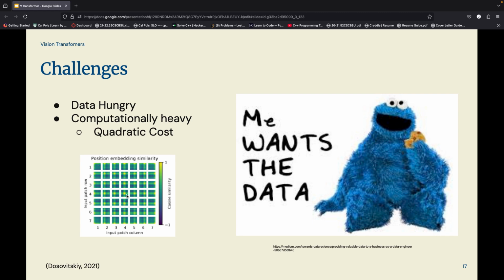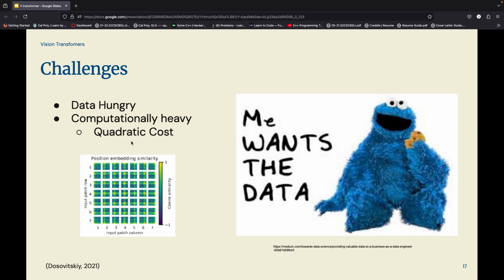As you can see, this patch learns that I should pay more attention to myself in the middle of this position. And attention, because of all the matrix math, is quite computationally heavy, because there's a quadratic cost with how big and how many patches we have in each image.